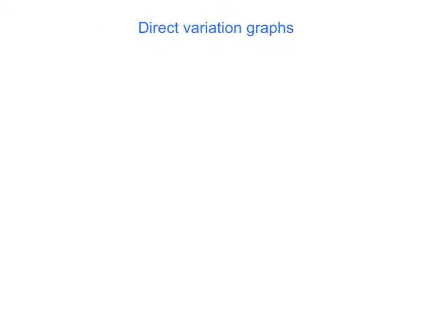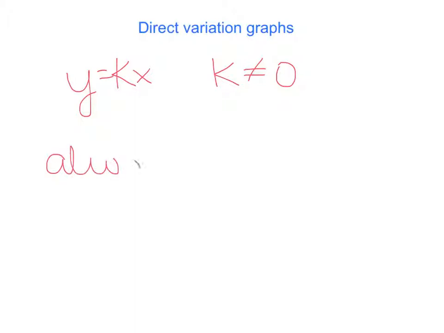So just to kind of review, direct variation equations are of the form y equals kx, where k is not equal to 0. The graph of y equals kx always passes through the origin, which is that 0, 0.